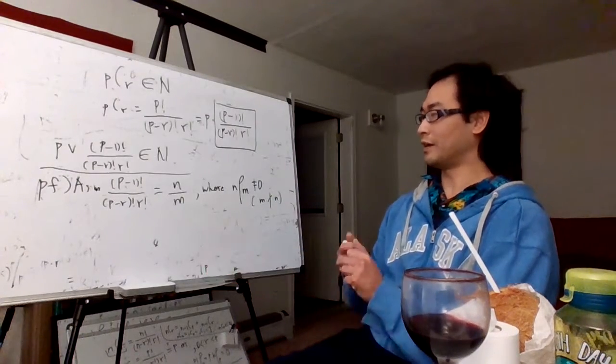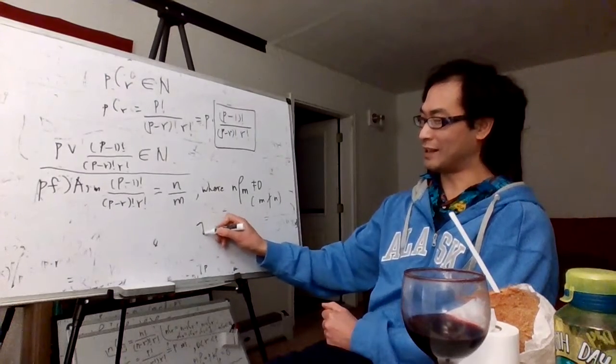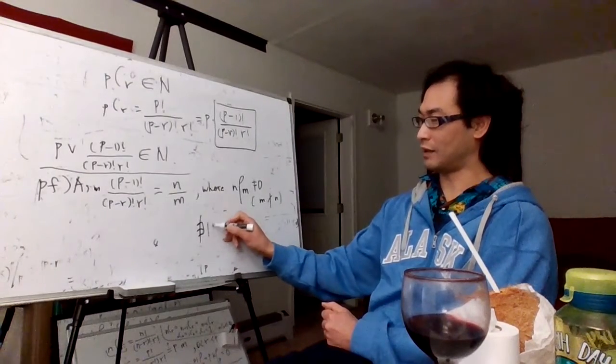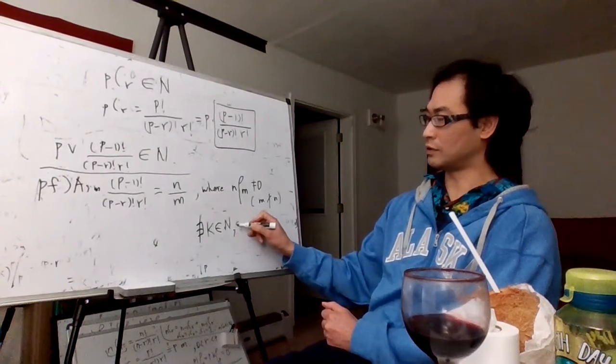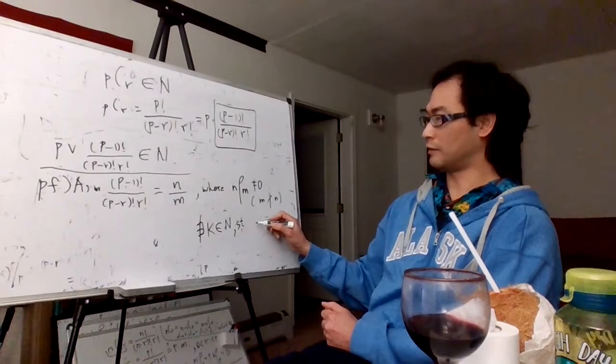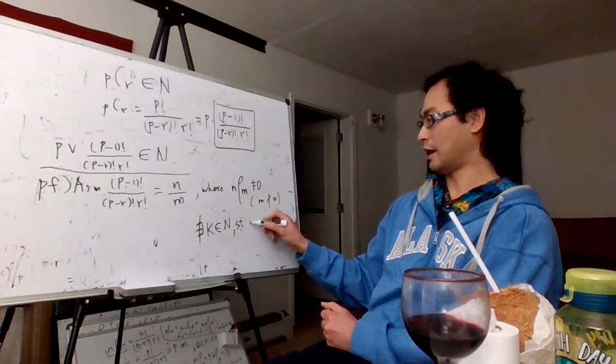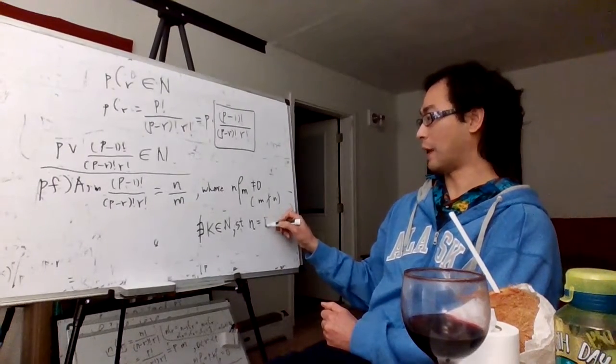So, meaning there does not exist k, which is a natural number, such that n is equal to mk.